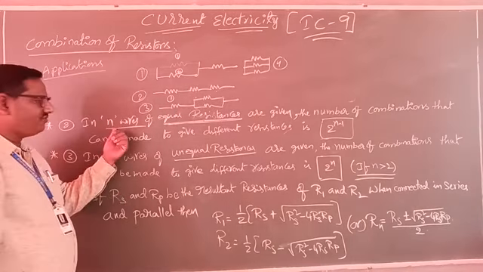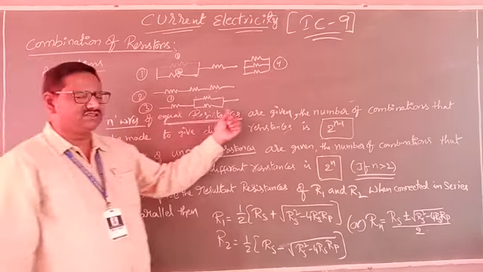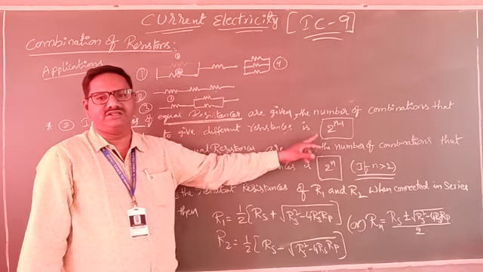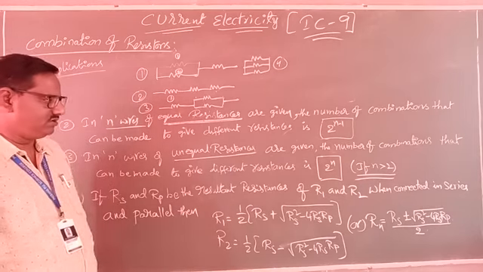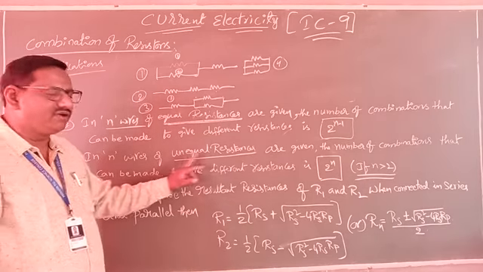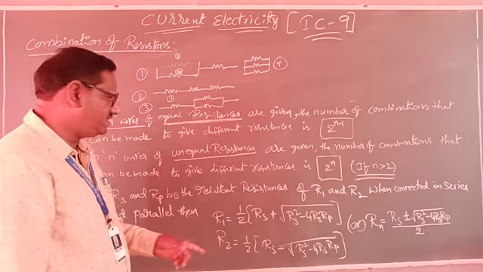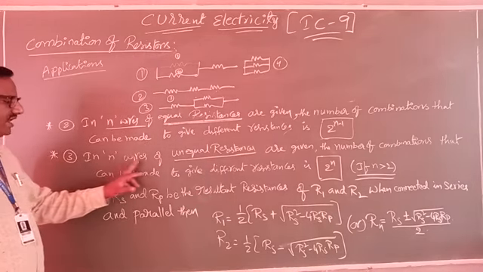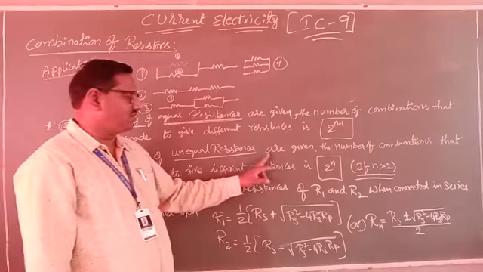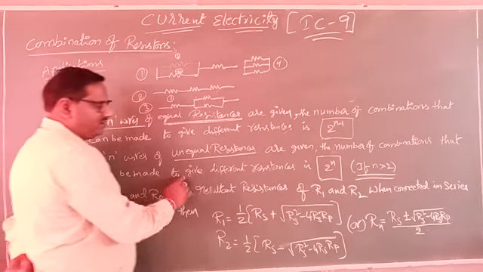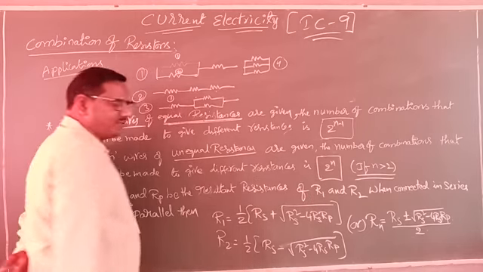If n wires of equal resistances are given, then the number of combinations is 2 power n minus 1. Suppose you take unequal resistances. If n wires of unequal resistances are given, the number of combinations that can be made is 2 power n.